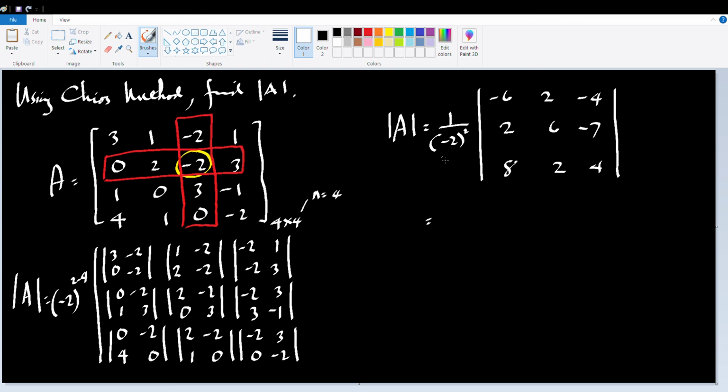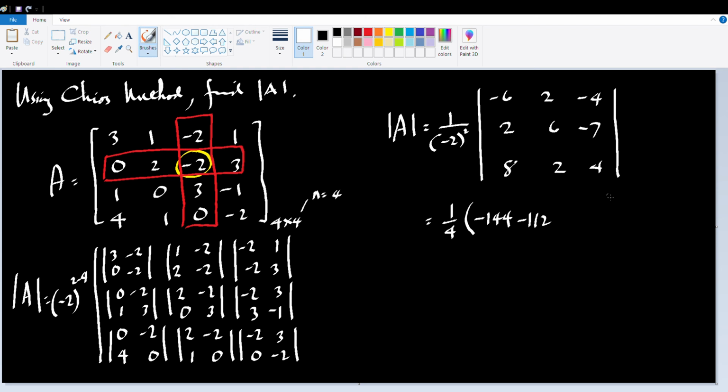So 1 over negative 2 squared is 1/4. Then we have 36 times 4, negative 144. 2 times negative 7 times 8, that will be negative 14 times 8 is negative 112.